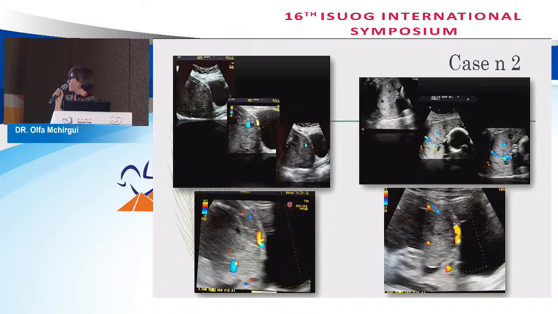And the Doppler mode showed some bridging vessels here, in these images, and abnormal vascularization here. So the diagnosis of placenta accreta was suspected, and we performed a C-section that confirmed the diagnosis, leading to hysterectomy.